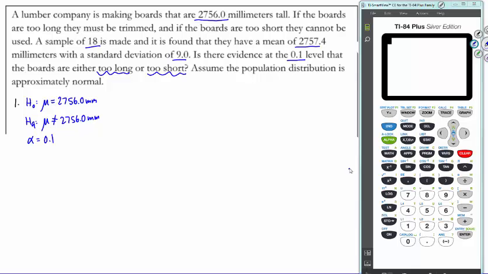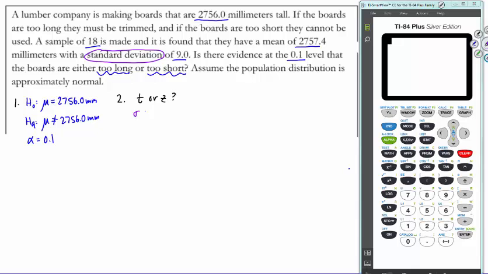Second, we need to create the test statistic, so that makes us ask, should we do a T or a Z test statistic? Remember, we have one basic criteria here. Is sigma known or unknown? We read through here, there is the word standard deviation.